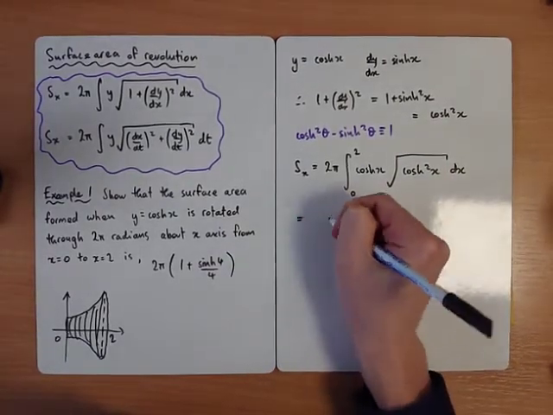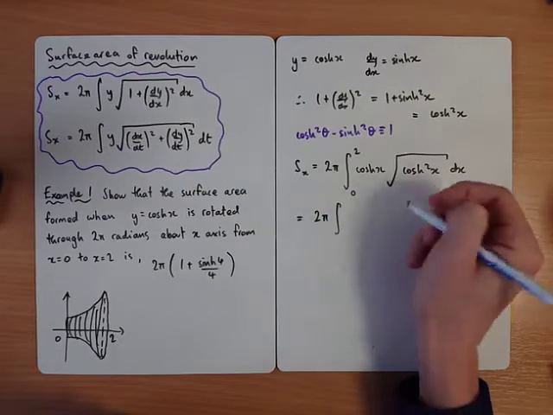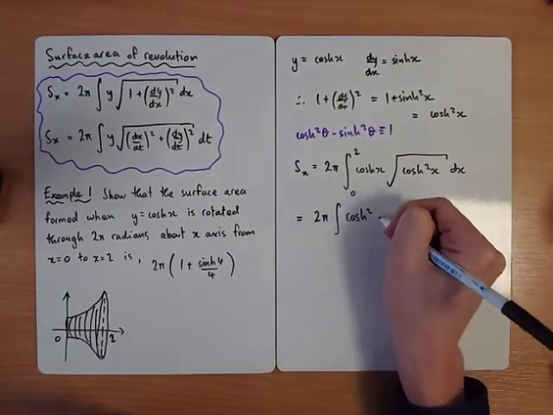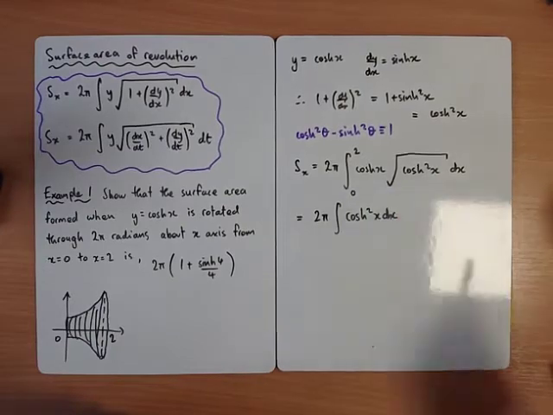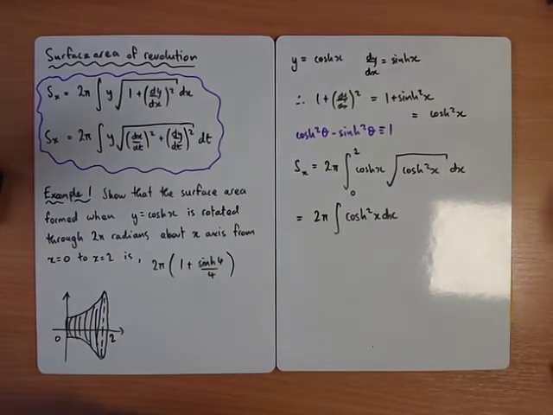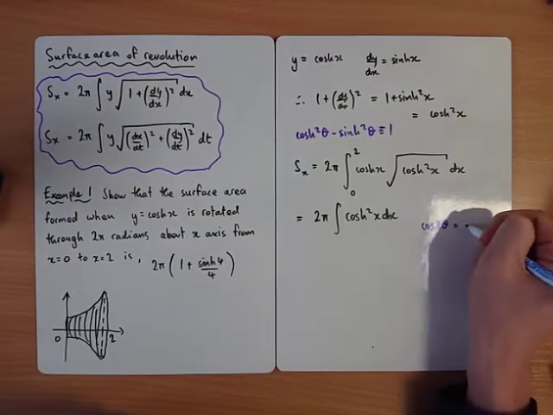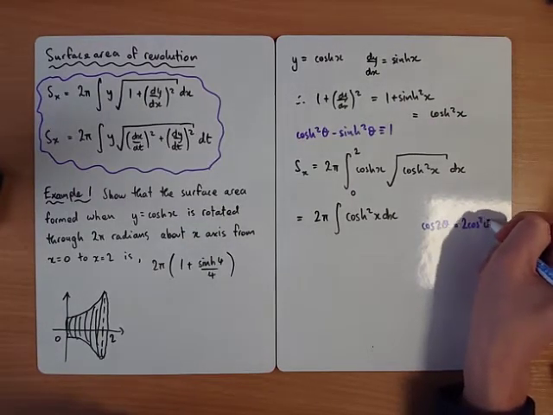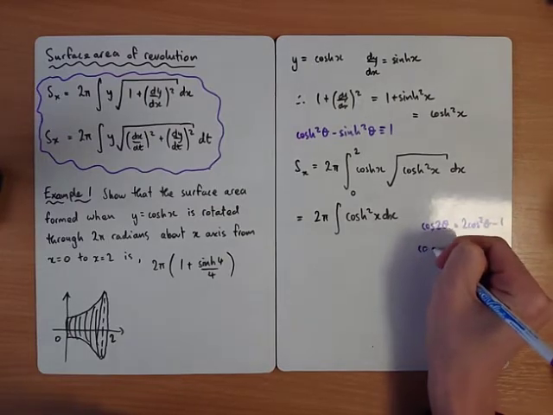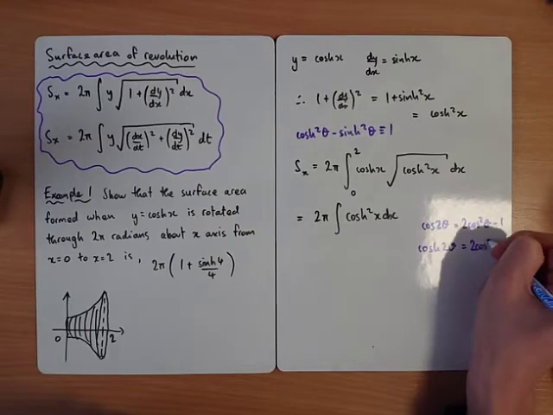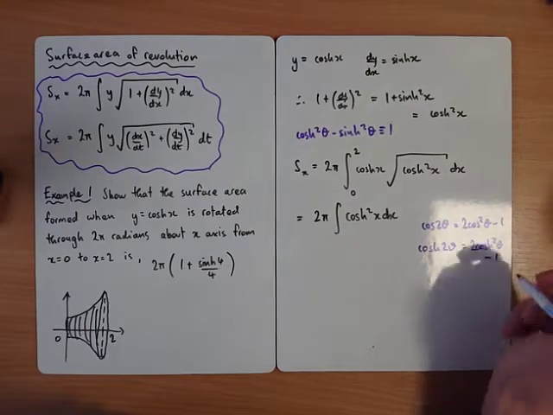And let's see what we've got. So we've got 2 pi. The square root of cosh squared is cosh, so this is cosh squared x.